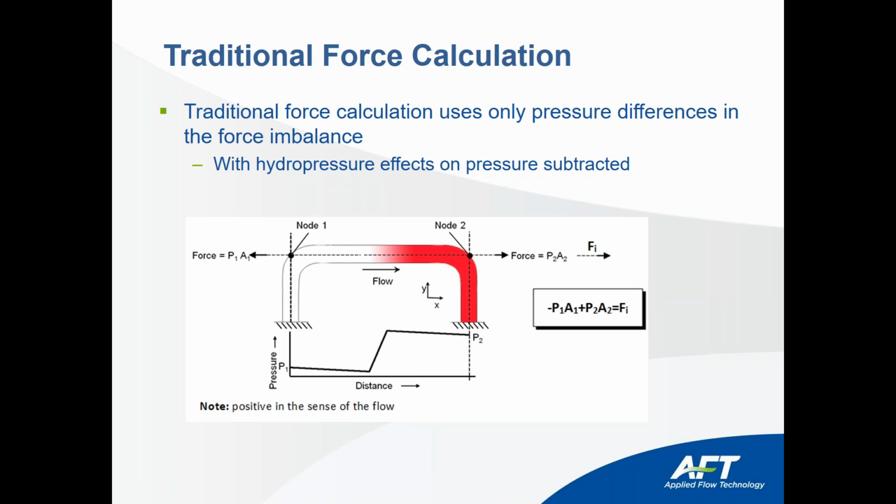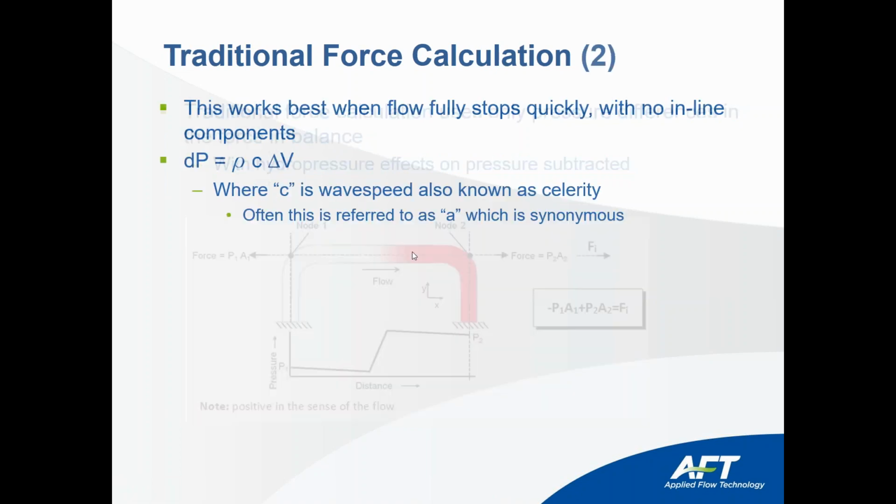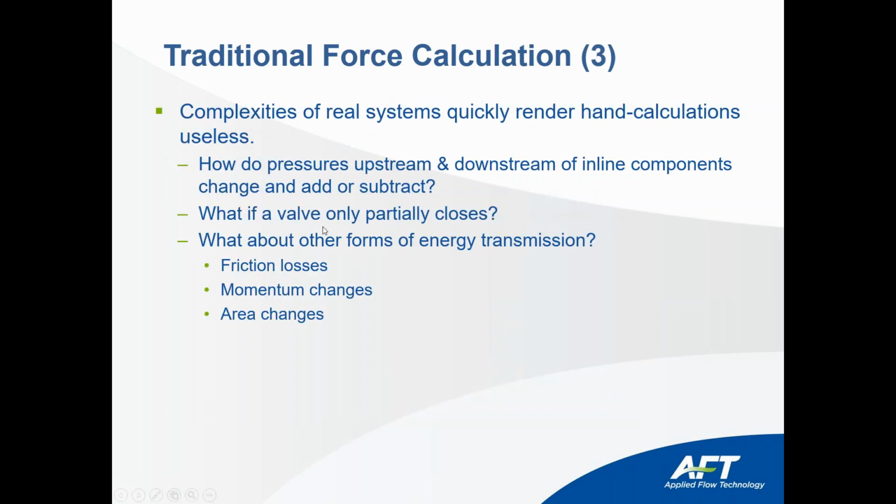You would have to consider that in the component. Also, what happens if you partially close the valve and not completely? Another question is, what about the forms of energy transmission, like friction losses, momentum, and area changes?